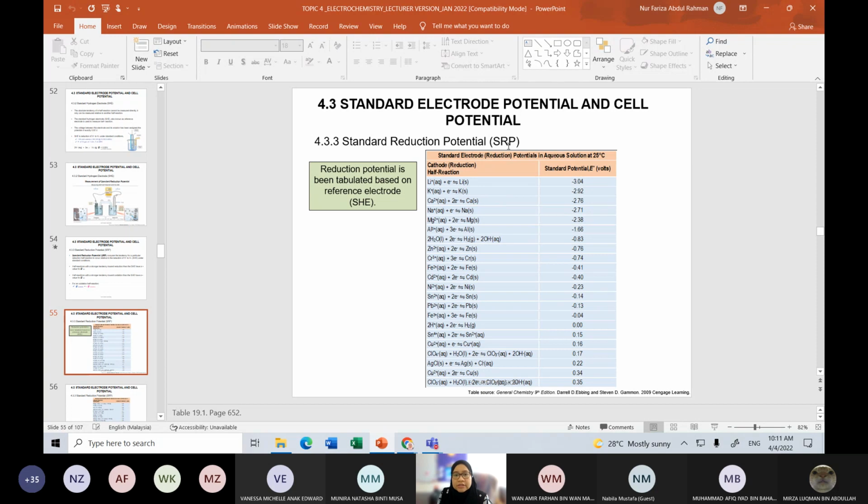Standard reduction potential. Why is it called reduction? Because they are all measured in terms of the tendency to be reduced. As you can see, the equations are all in reduction form. The more negative it is, the higher the tendency to undergo oxidation, and it does not prefer to undergo reduction. So the ones at the top, you can see they are negative values, which means they prefer to undergo oxidation.